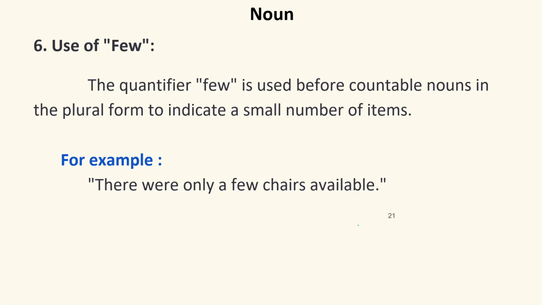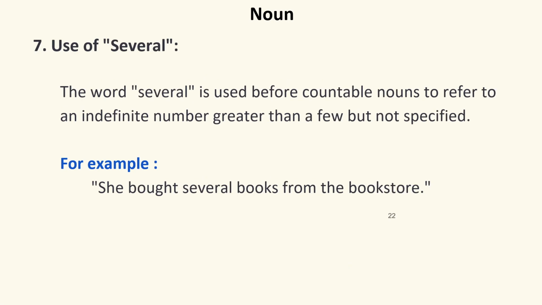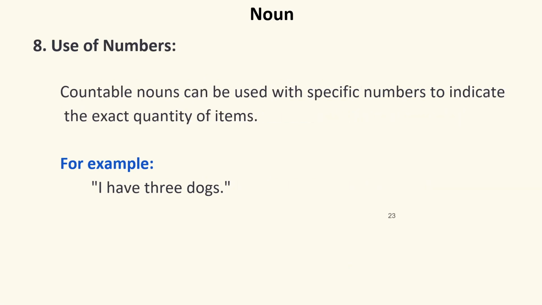Few is again used with countable nouns, whereas little is used with uncountable nouns. For example, we can say few people, and for an uncountable noun, for example, little money, that is uncountable. Several is again used with countable nouns. Then numbers like 3 dogs, so we can count them 1, 2, 3.